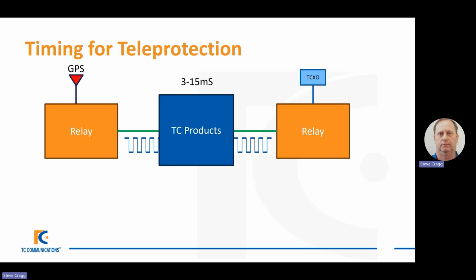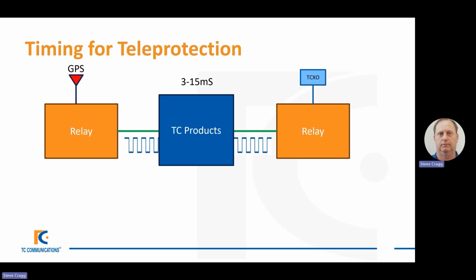So here we've put a TC Communications product in the middle. Now you might say this is a bit of a problem, because in a lot of cases we're converting that to IP and then converting it back again. And in doing that, there's actually a delay in that product.